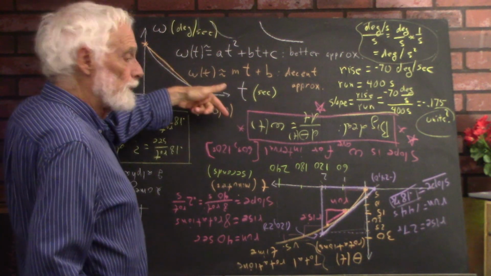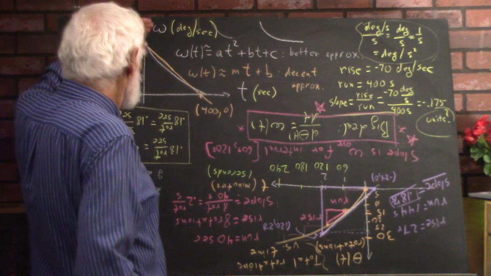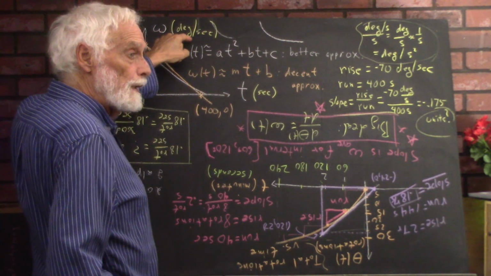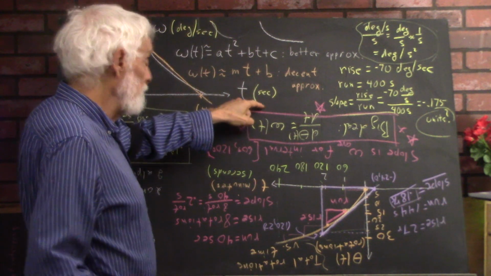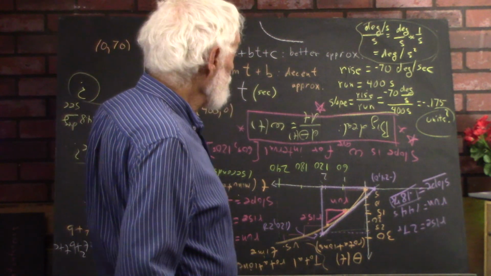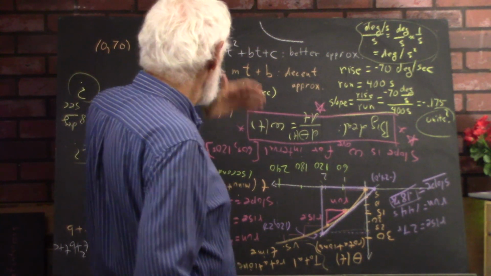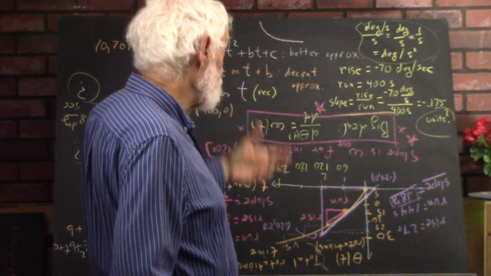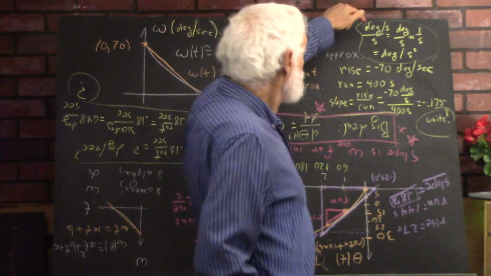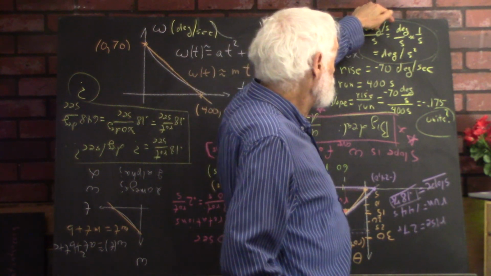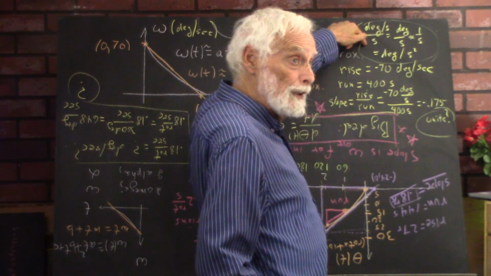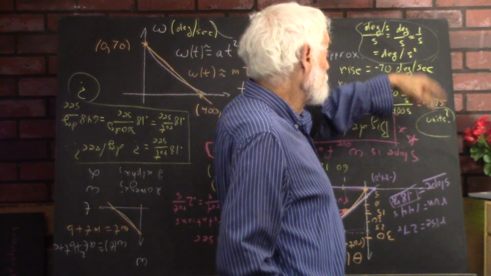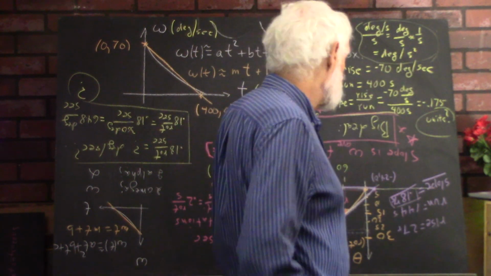Slope of a fundamental triangle in this graph, your rise is going to be a change in omega in degrees per second. Your run is going to be a time interval in seconds. So you're going to divide rise by run, you're going to be dividing degrees per second by seconds. And what does that mean? Well, first of all, the units degrees per second divided by seconds, just by the rules for fractions, is degrees per second times the reciprocal of seconds, which is degrees per second squared.